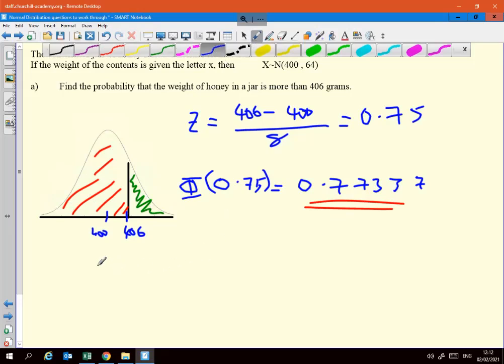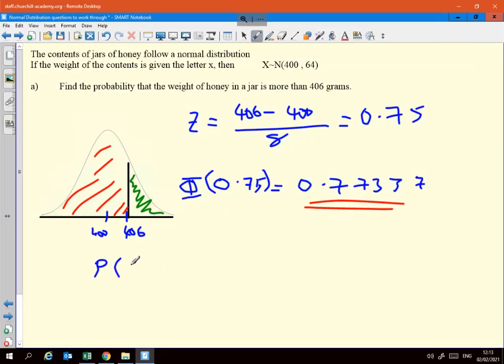So I might write that out. I might say that the probability that x is greater than 406 is 1 minus 0.77337. That's the red part.